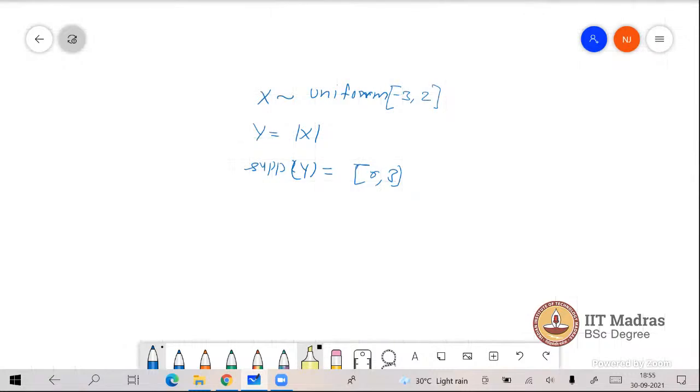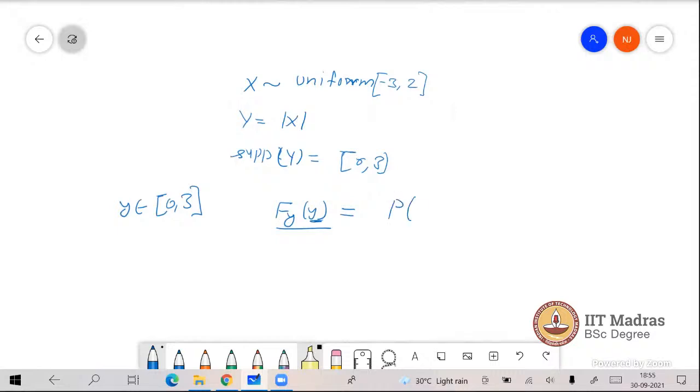Now what will be my next step? I will find the CDF of Y, so F of Y of y. Here y is inside the support of Y, that is 0 to 3. Okay, so what is the definition of this? It says that it is the probability that Y will be less than or equal to y, right? Now what is my target?